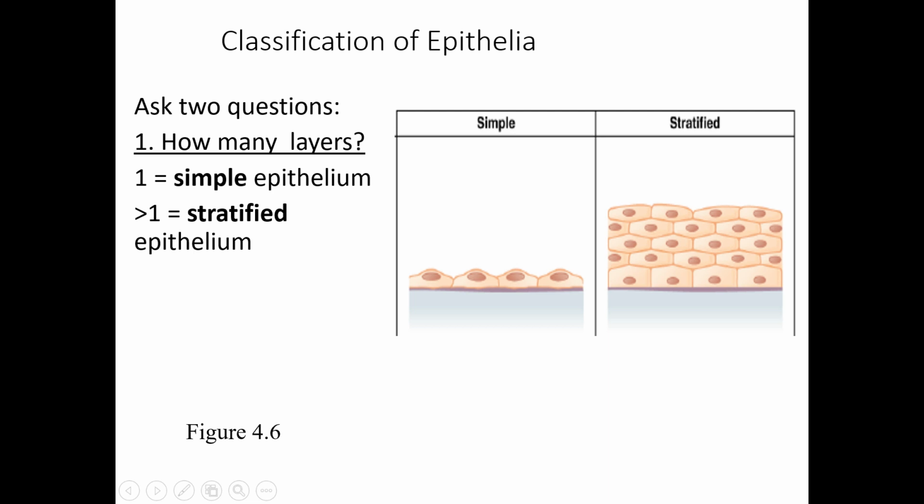Next one, there are several layers, and that is called stratified epithelium. Strata in Latin means layer, so stratified literally means layered, the one that has several layers. That's how we start naming epithelial tissues, from the word simple or from the word stratified.